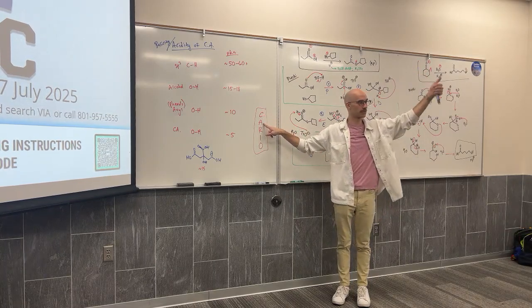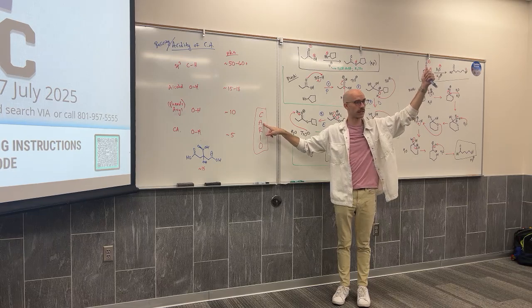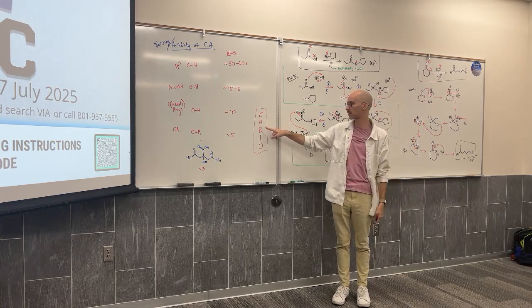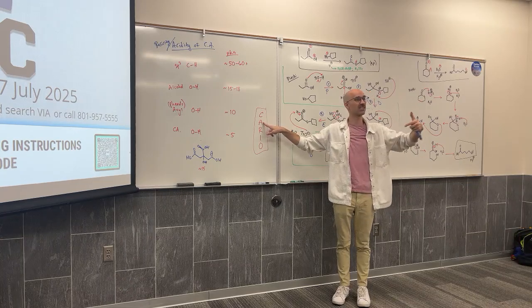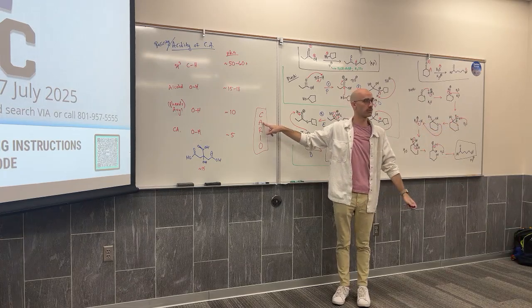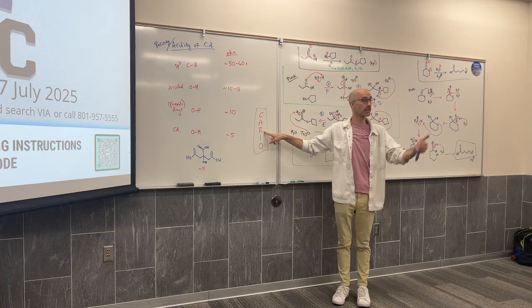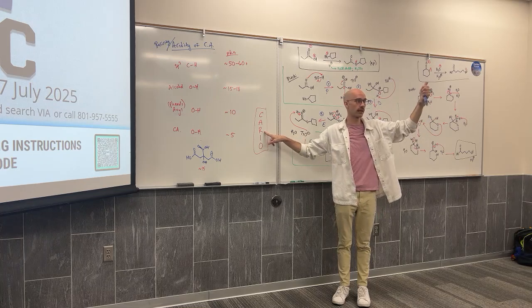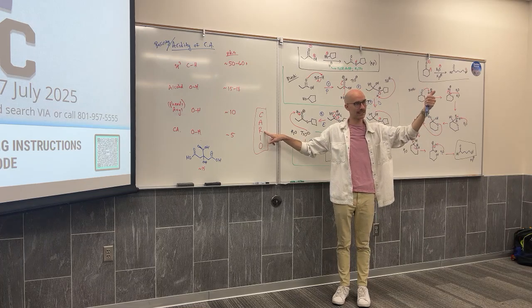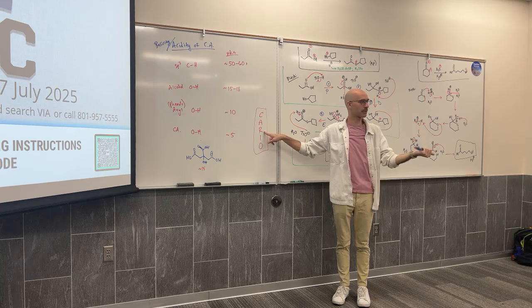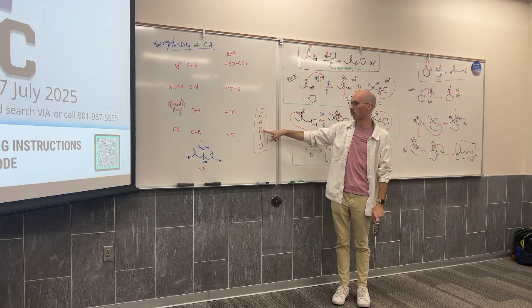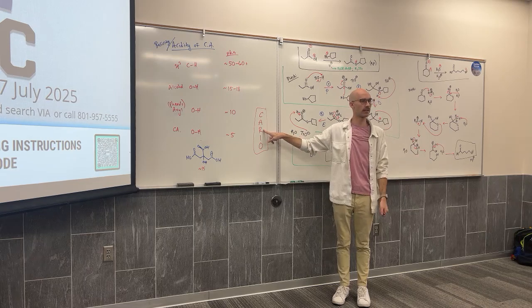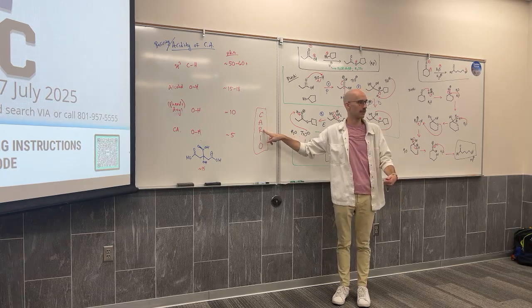The atom, something that's more electronegative is more acidic. Something that's less electronegative is more basic. Or in the same family, something that is larger, more polarizable is more acidic. Increased resonance in the base or increased resonance in the acid decreases reactivity. More resonance makes something less reactive. More resonance in the base, weaker base. More resonance in the acid, weaker acid.